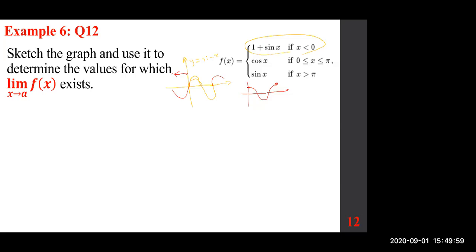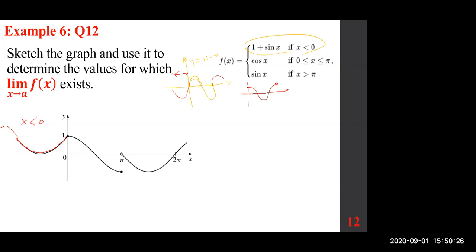Now let's put them all together. For x less than 0, we get this portion, because it has been shifted up and it continues indefinitely, class, okay? This is for x less than 0.